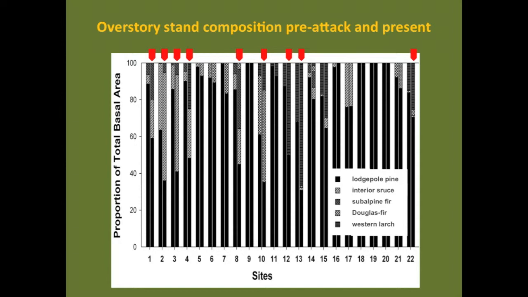So that's part of the story. If your stand has multiple species and they recover, you've got a better chance of recovery. If you're just pine and nothing but pine and a bunch of it's dead and you don't have anything else, you're in rougher shape.